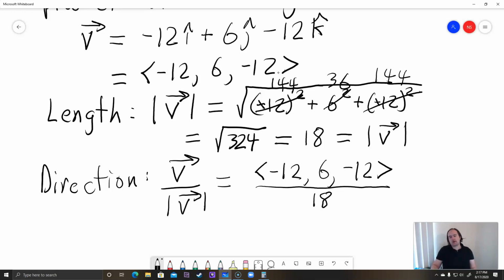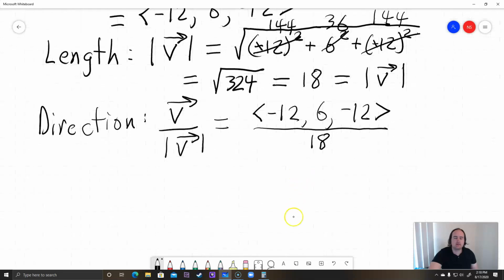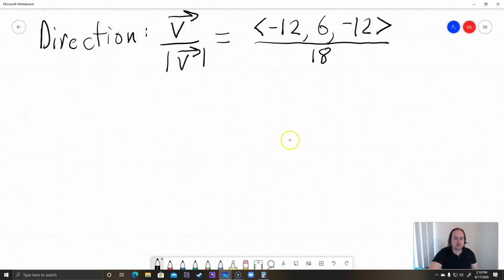Now we've talked about vector multiplication, where you multiply a constant to each component. Well, vector division works exactly the same. This is a scalar division. So we just divide each component by 18 and simplify. So just as if we were multiplying, but we're dividing in this case.